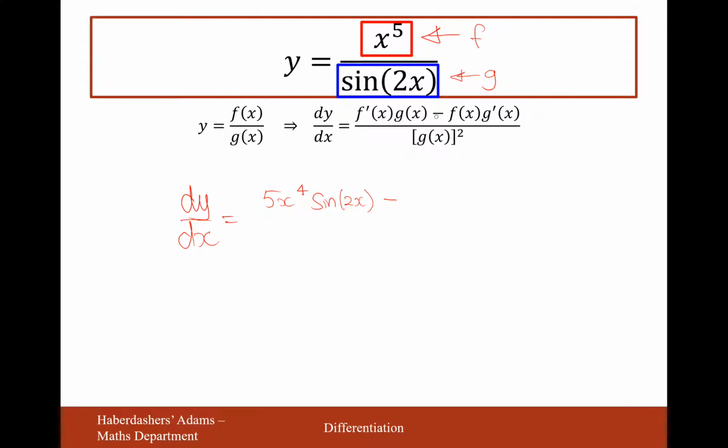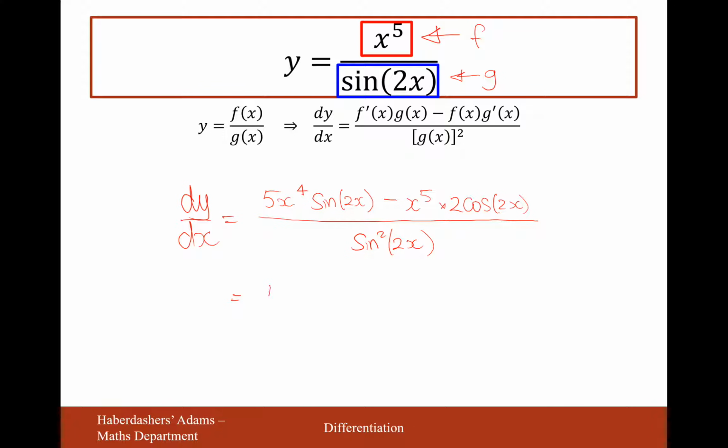Take away, because that's the sign in the middle, f of x times the derivative of g of x. So that's going to be 2 cos 2x, all over the bottom function squared, sine squared 2x.